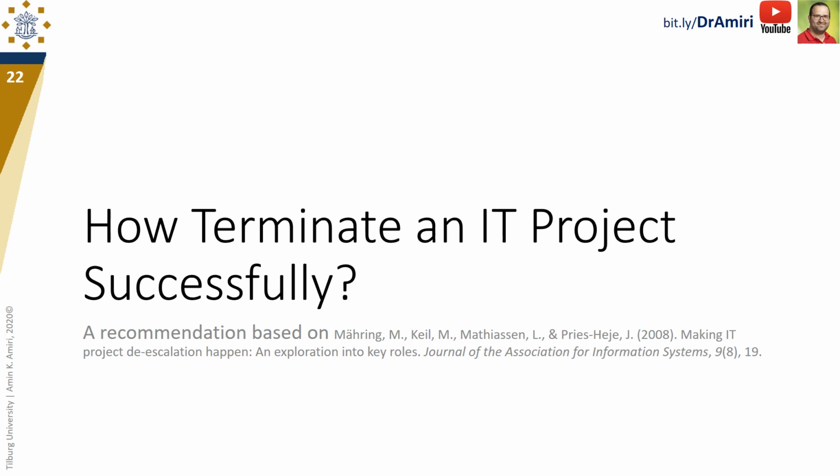In this video, I discuss how we can terminate an information technology project successfully. In the case that you studied before this lecture, you learned that the so-called infrastructure replacement project, the IR project at IBK, had consumed more than $3 million over a year, and still the CIO could not think of any business benefits that had materialized from it.